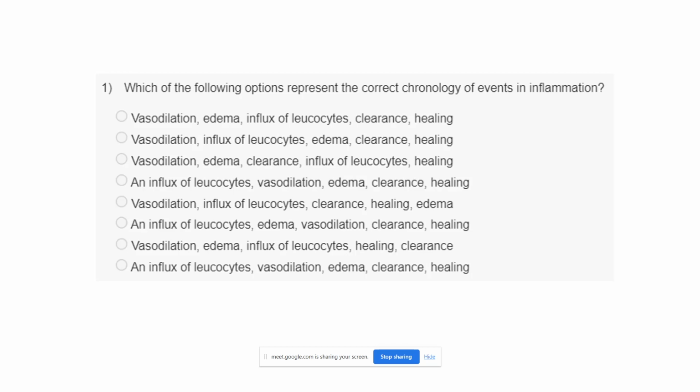Influx of leukocytes, vasodilation, edema, clearance, healing. Vasodilation, influx of leukocytes, clearance, healing, edema. Influx of leukocytes, edema, vasodilation, clearance, healing. Vasodilation, edema, influx of leukocytes, healing, clearance. Influx of leukocytes, vasodilation, edema, clearance, and healing. Which is the correct chronology of events in inflammation?